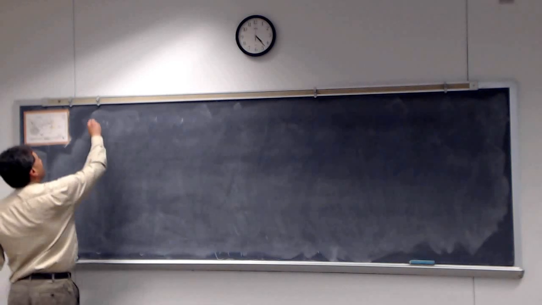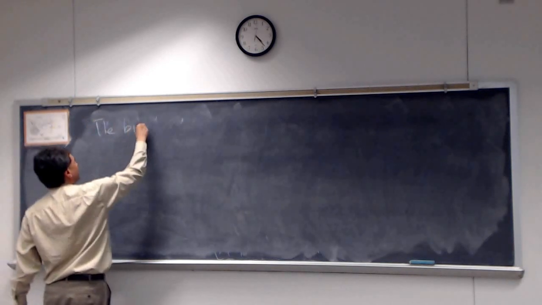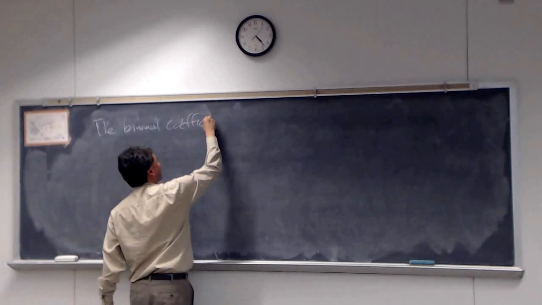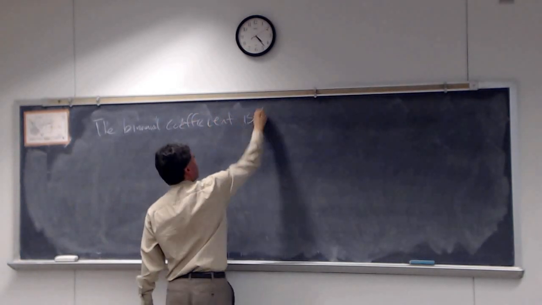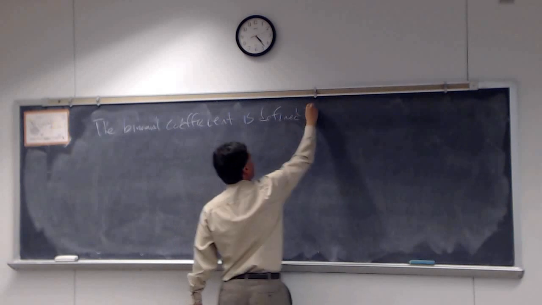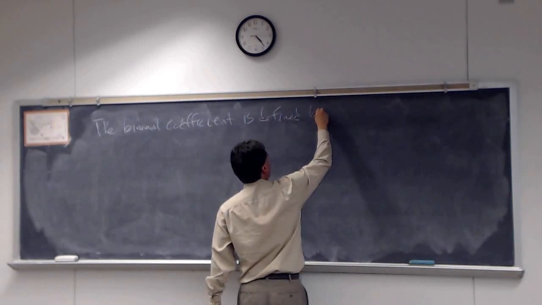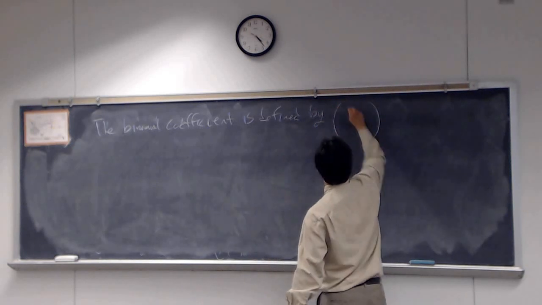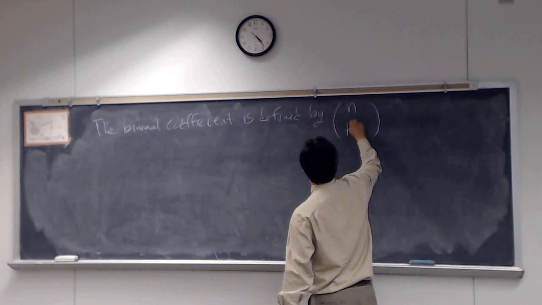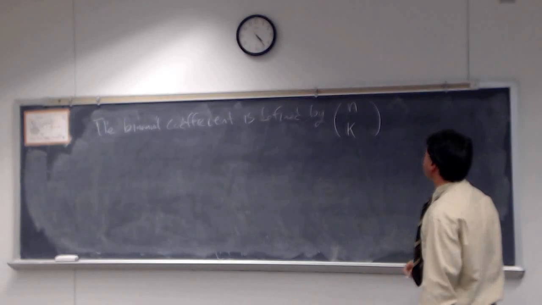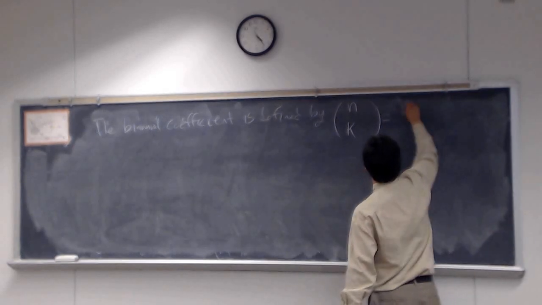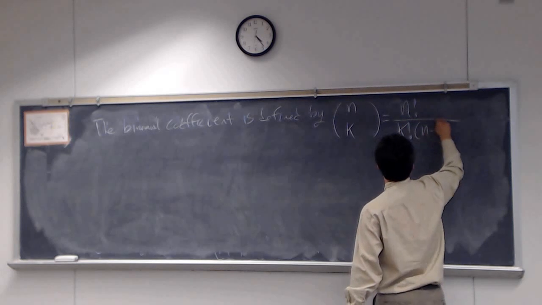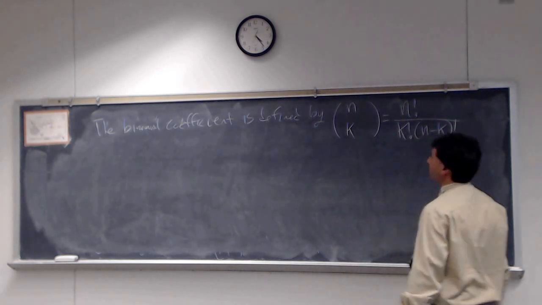So now we define the binomial coefficients. That's defined by, so they put this bracket here, n over k, and that's n factorial over k factorial times n minus k factorial.